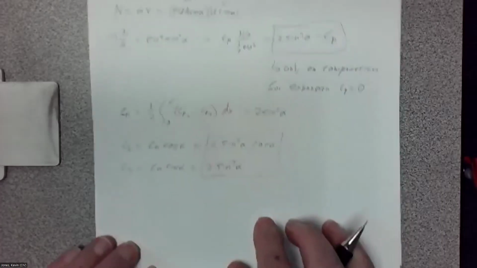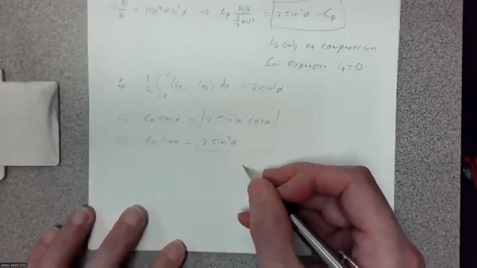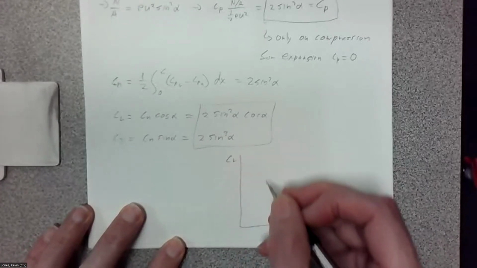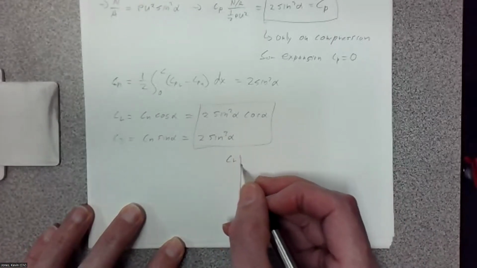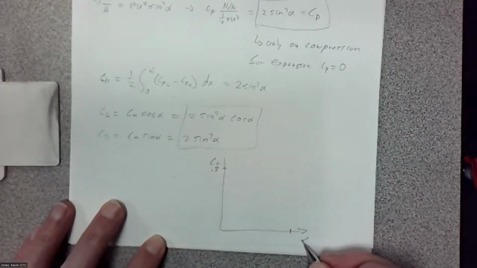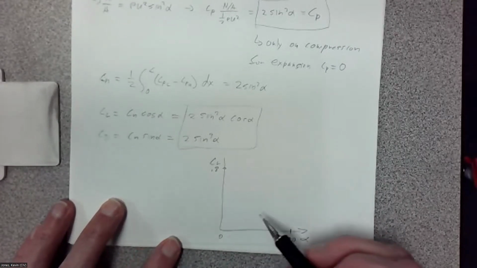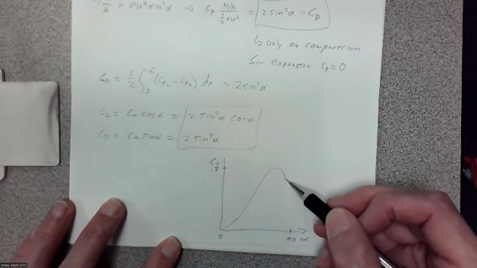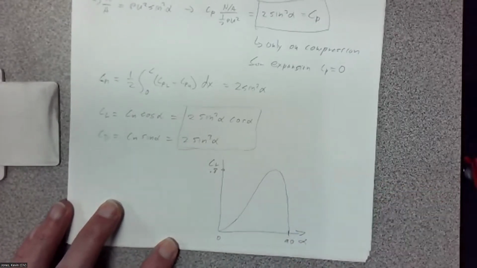I've tried it. If you plot that out, you get something like this, where CL peaks at something like 0.8. And here's alpha from 0 to 90 degrees, and CL looks something like that.